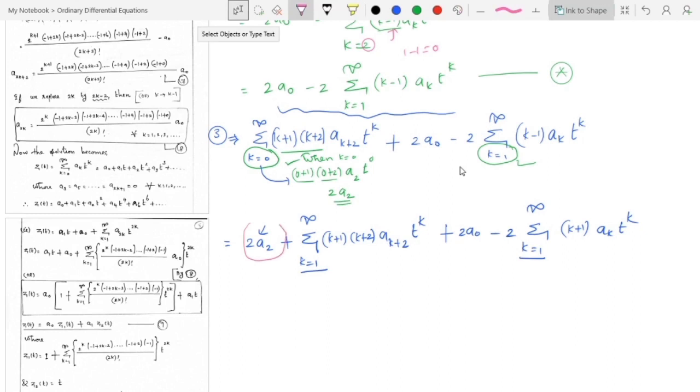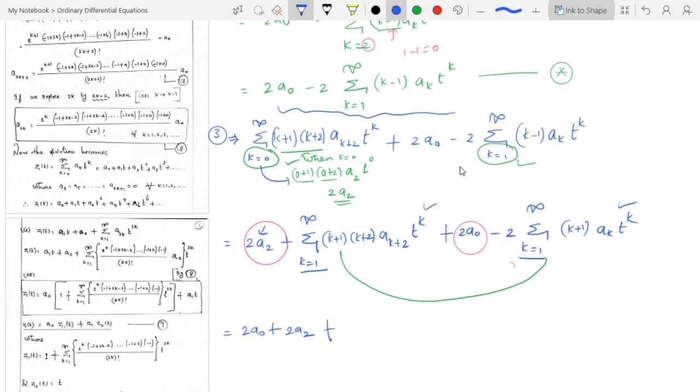Now group the same terms: the constants 2a0 and 2a2. Also, in these two terms the limits of summation are the same, hence 2a0 plus 2a2 plus the summation k varies from 1 to infinity, that is common to both terms, and also t power k is common, take it out.